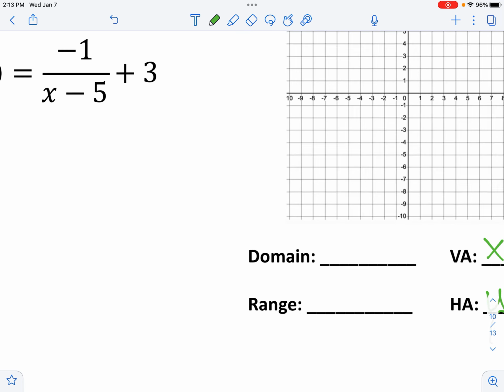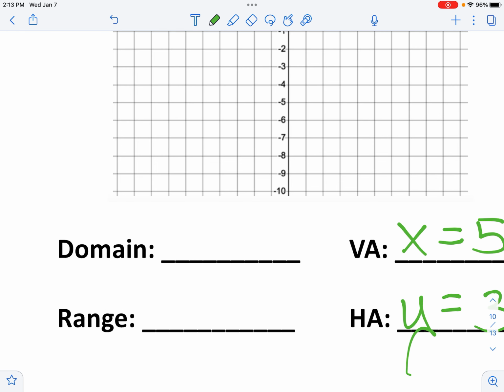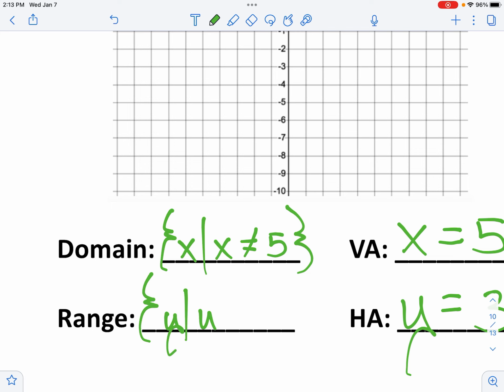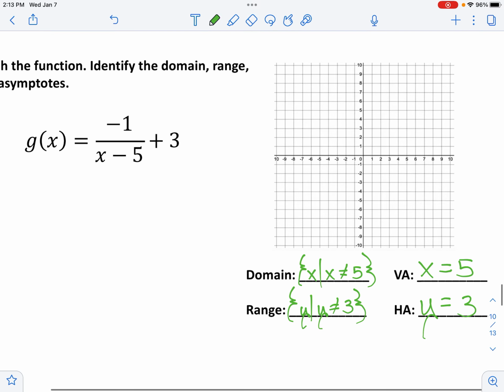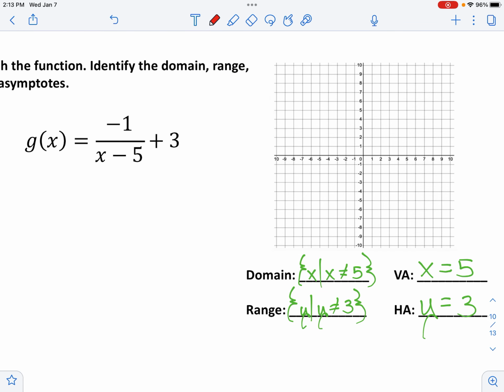Okay. My domain then, let's write that, x such that x cannot equal 5. And then range, y such that y cannot equal 3. Okay. And everywhere else is good. So again, I would recommend getting your asymptote lines drawn in first.